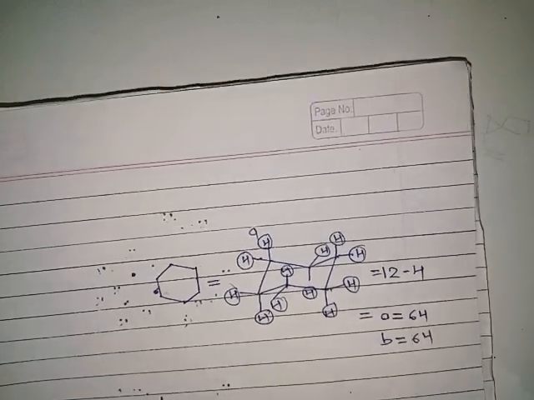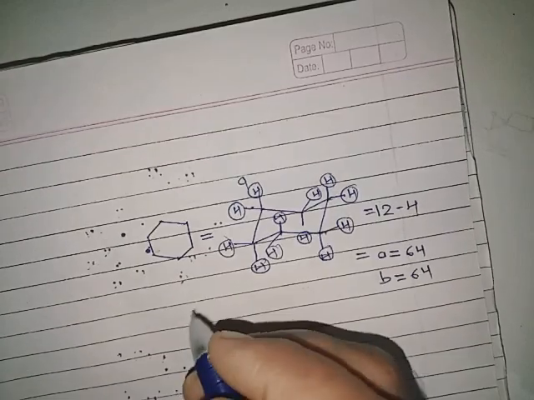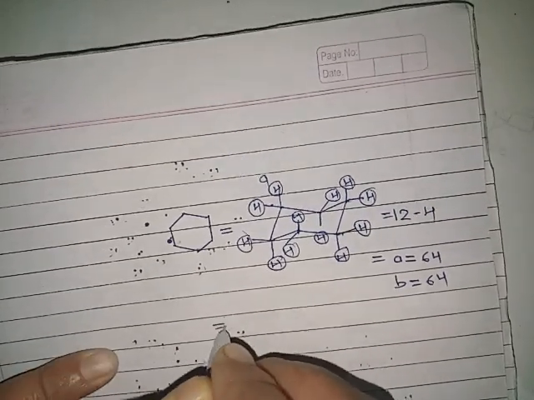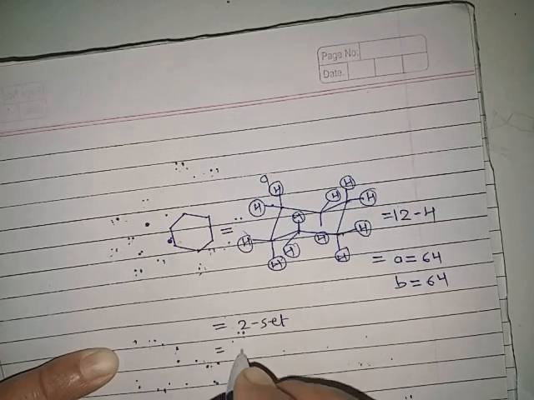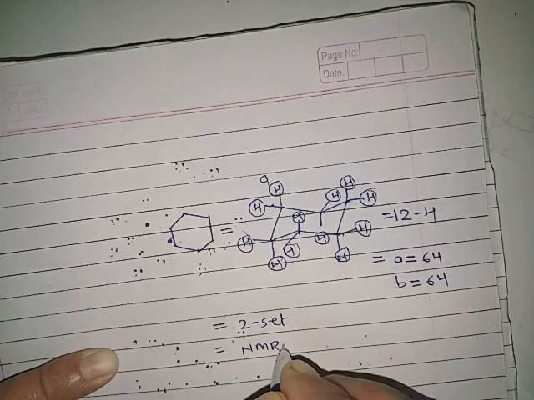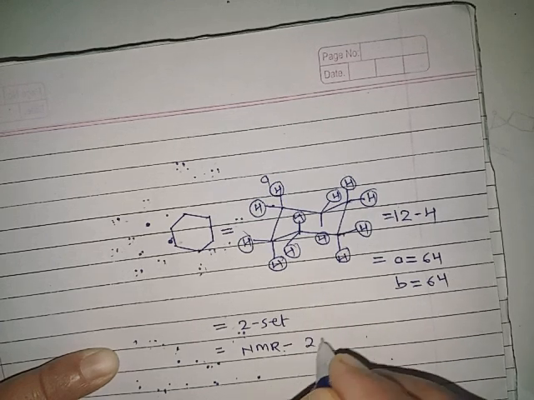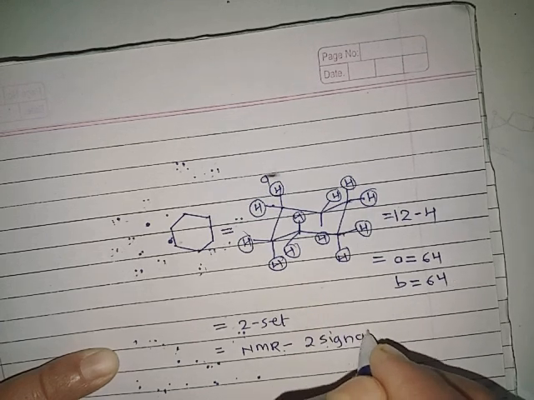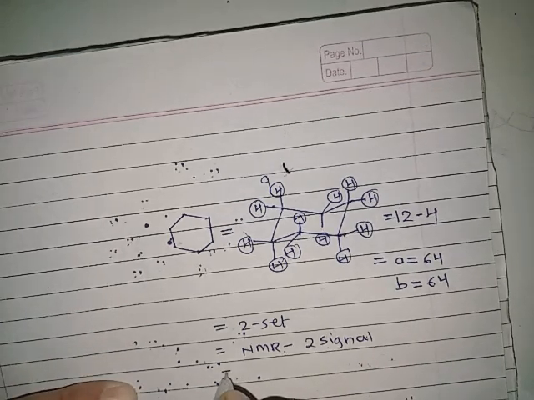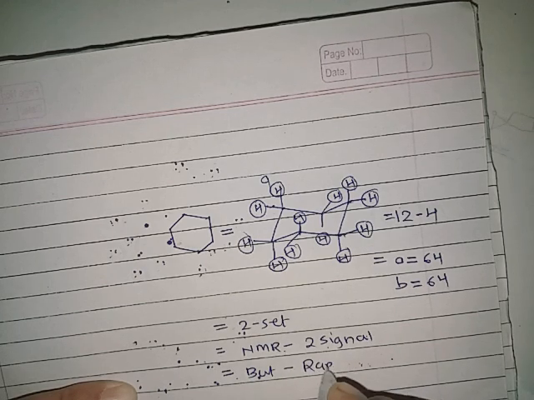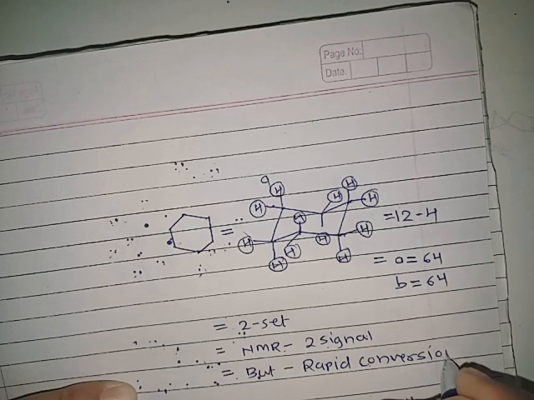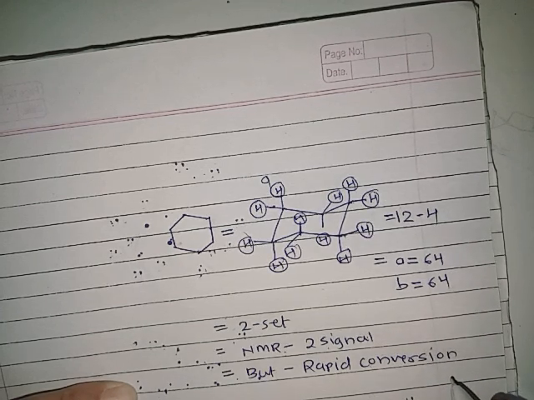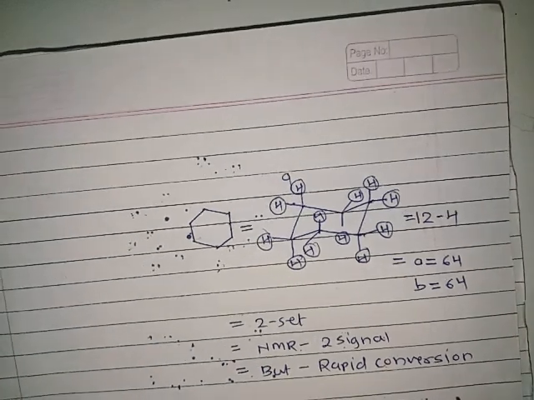So in case of cyclohexane, we have 2 sets, and in NMR spectroscopy we would expect 2 signals, but due to the rapid conversion of one chair form into another chair form, because cyclohexane flips from one chair form into another.